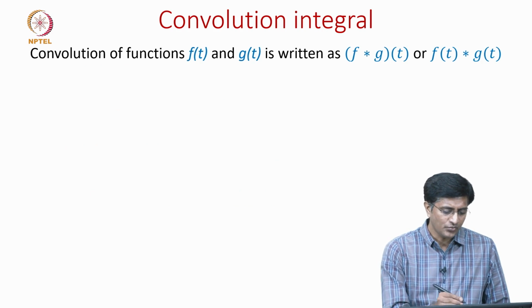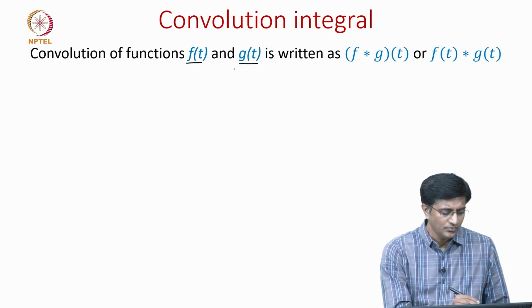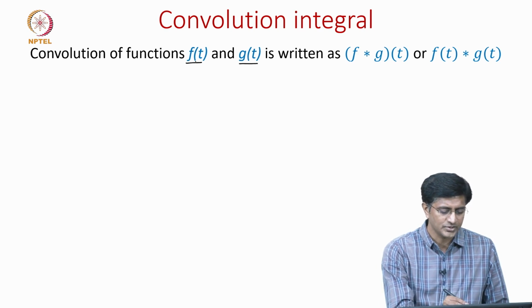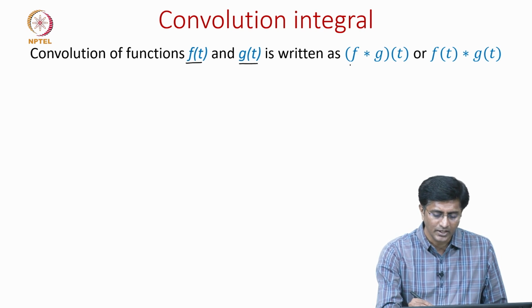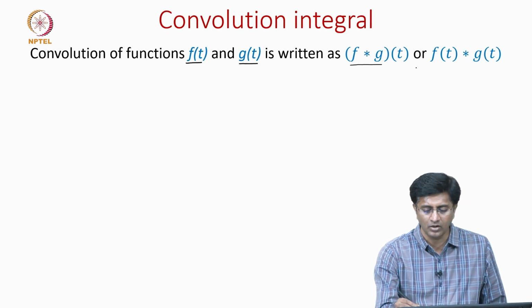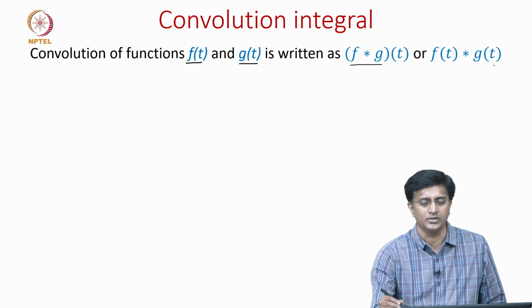So, if we have two functions f of t and g of t, we say that the convolution of functions f of t and g of t is written as f star g. This we call f convolution g of t, or function f of t convolution g of t.